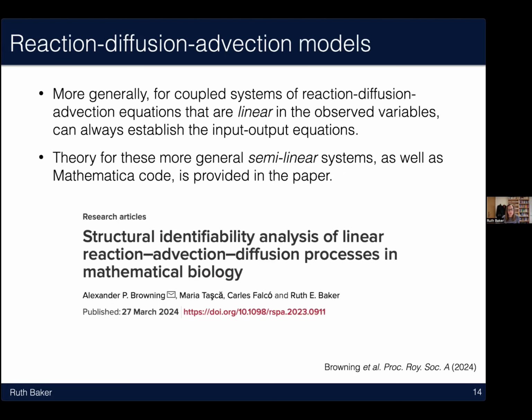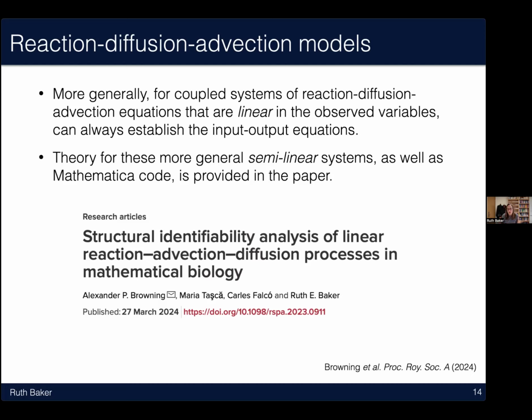It turns out, and this is work really driven by Alex Browning in collaboration with a summer student, Maria, and Carlos in the group, that more generally, if you have a coupled system of reaction, diffusion, and advection equations that are linear in the variables that you observe, then you can always establish an input-output equation. That's like the real battle here.